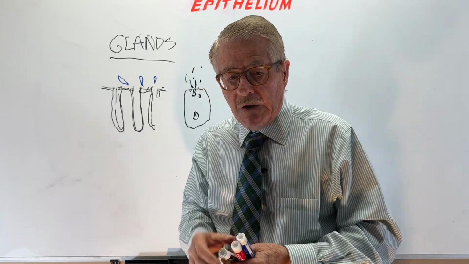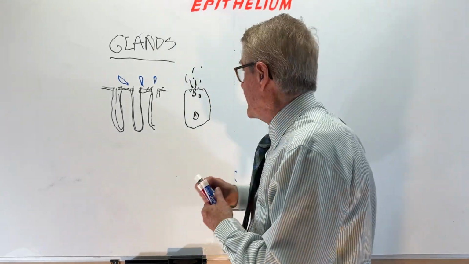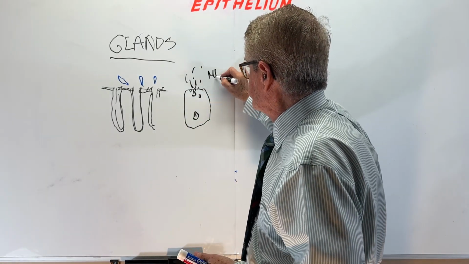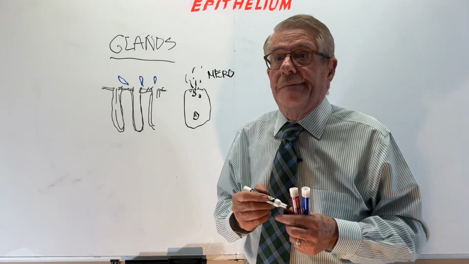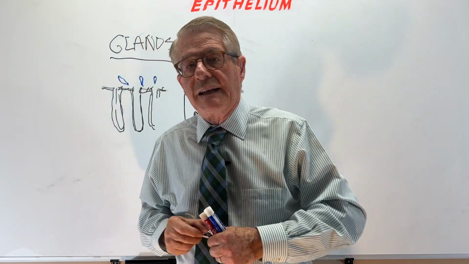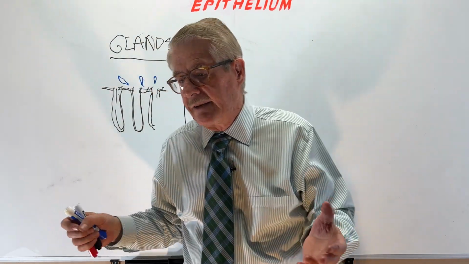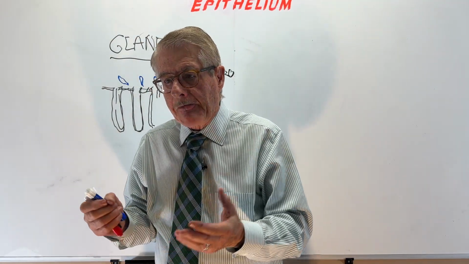And these are the merocrine glands, which are most of the glands, including the pancreas, including the sweat glands.